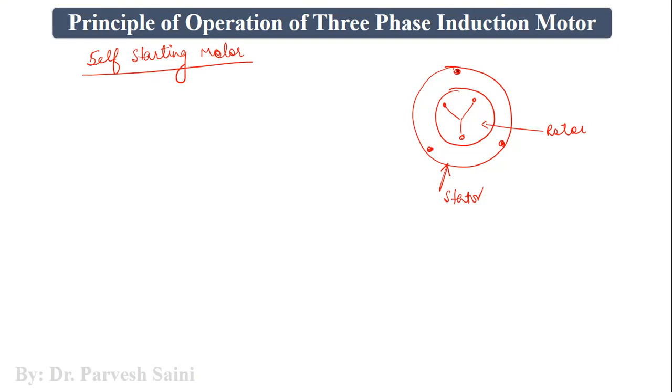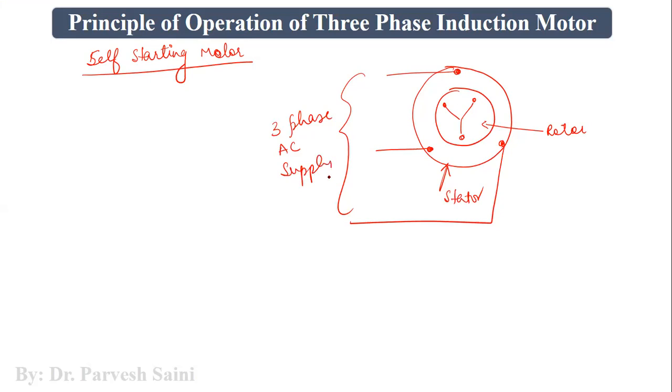So now when we provide a three-phase AC supply to the stator winding of a three-phase induction motor, what happens in the air gap, right? Let us say this is the air gap.